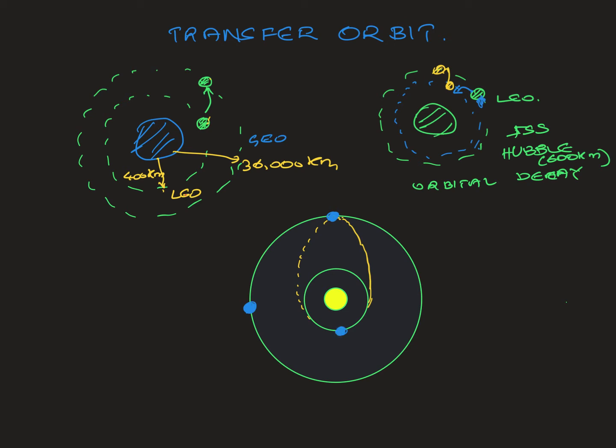If we want to get it to another place with a higher energy, because the potential energy is bigger here than here, we need to provide some energy to get the satellite from here to here. So what we do is we give a boost. How do we give a boost? A boost of energy. That means we need to increase the velocity of that satellite.